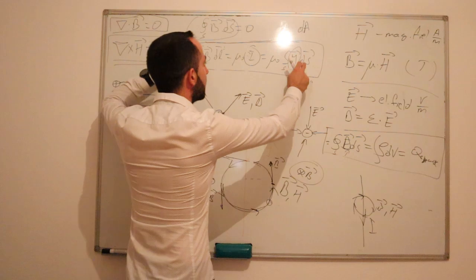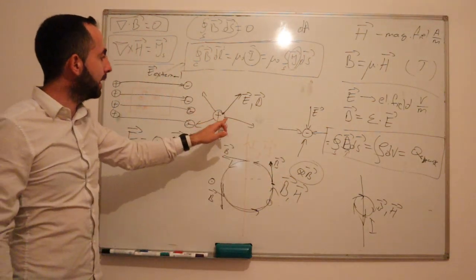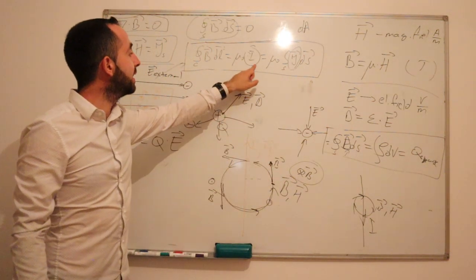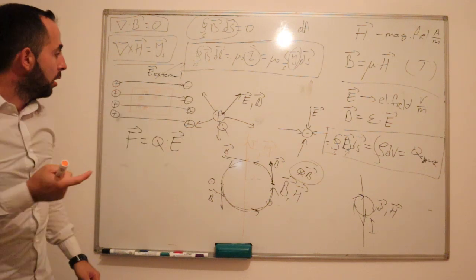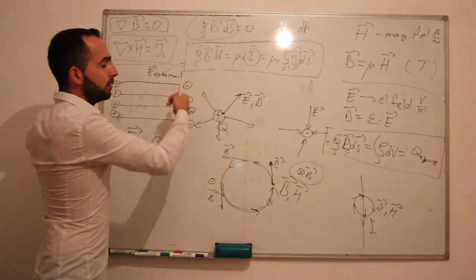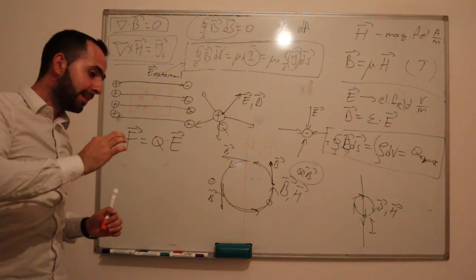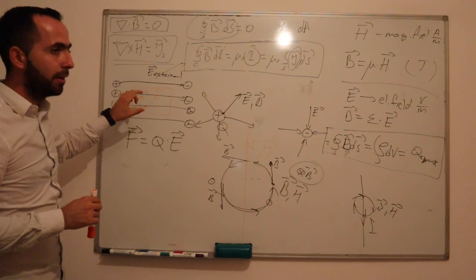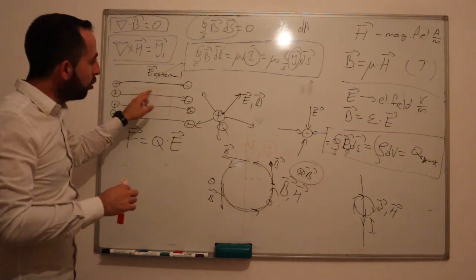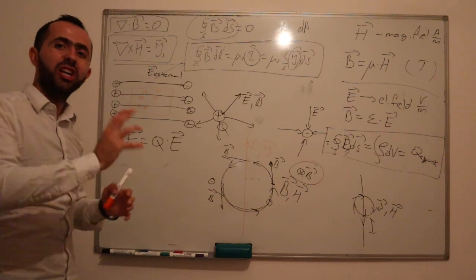And that's where magnetism starts. After we get a constant current, we say, aha, okay, we have a magnetic field now. If this field is not constant, then it changes, and the movement of these charges will change.